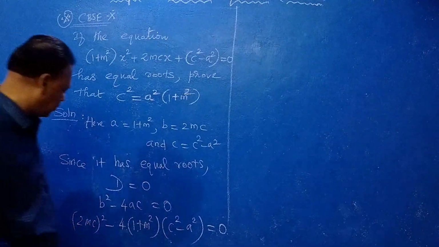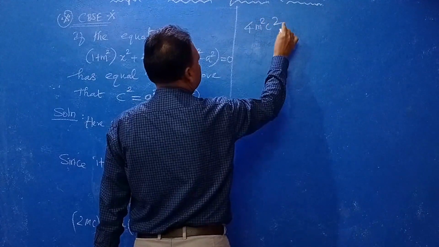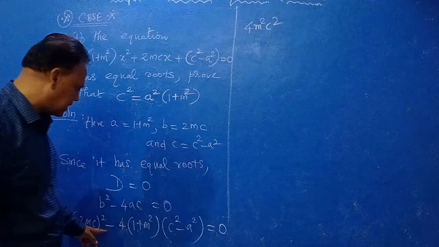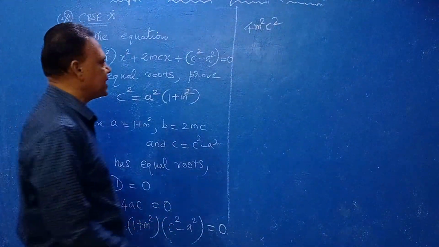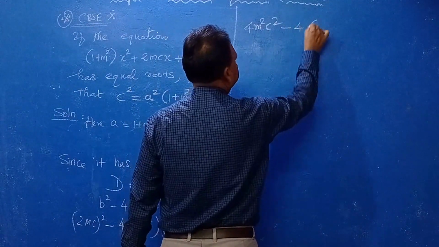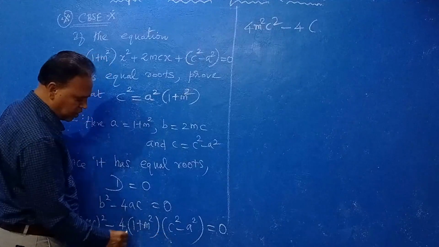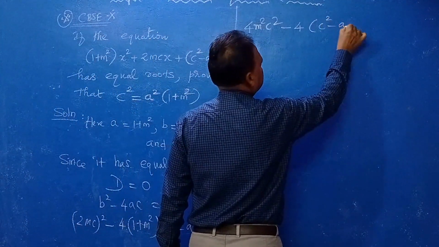Squaring first: 4m squared c squared, minus 4 into these two multiplied. One multiplied means as it is, you write c squared minus a squared.